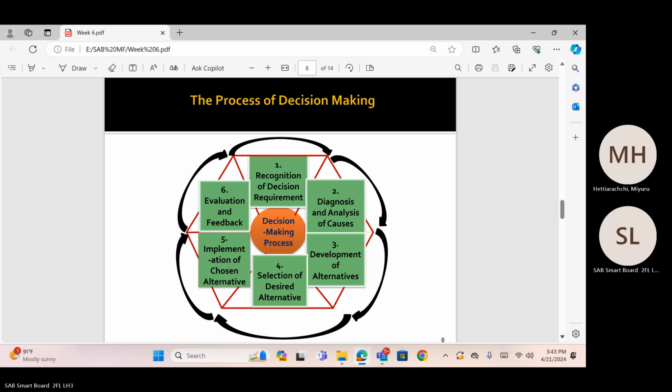Right. Therefore, as individuals also, we should engage in these 6 stages. Even in our mind, this happens. In making day-to-day decisions, we follow these steps very quickly in our mind.